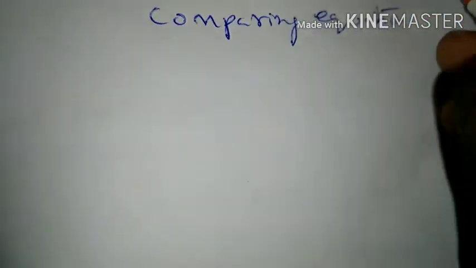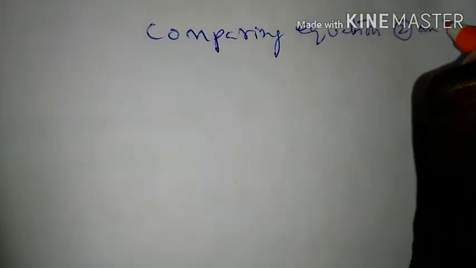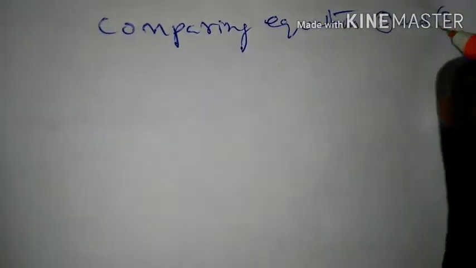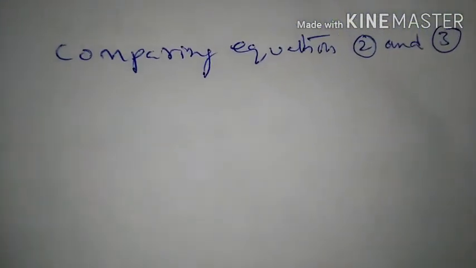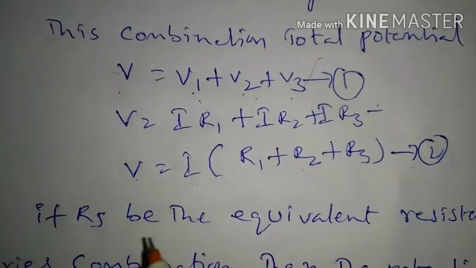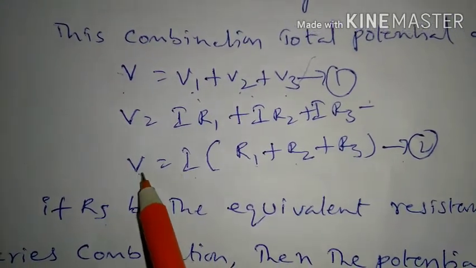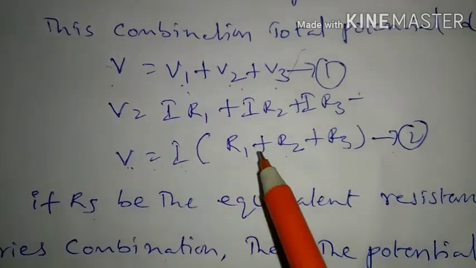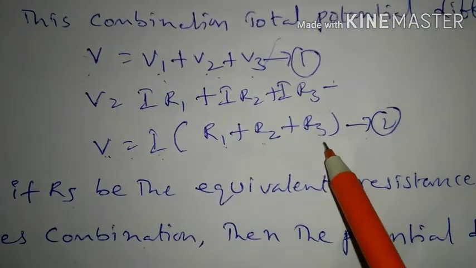Now comparing equation 2 and 3. Equation 2: V is equal to I into R1 plus R2 plus R3.